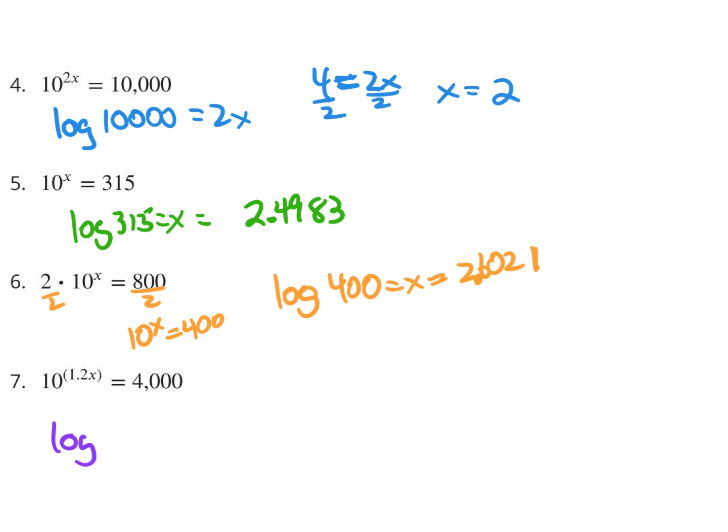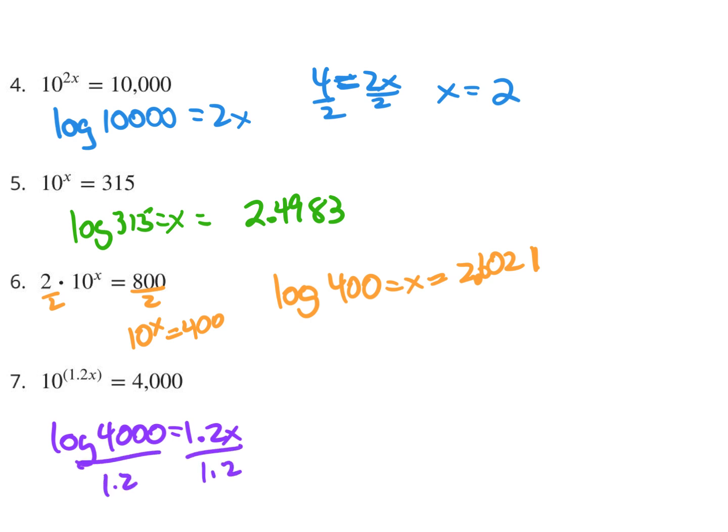And for the last one, well, there are more on the other page. So 4,000 equals 1.2 to the x. That's 1.2. All right, so we're going to divide by 1.2.